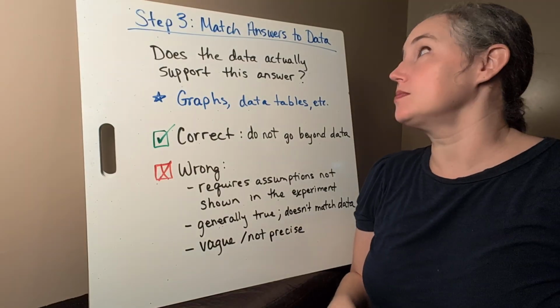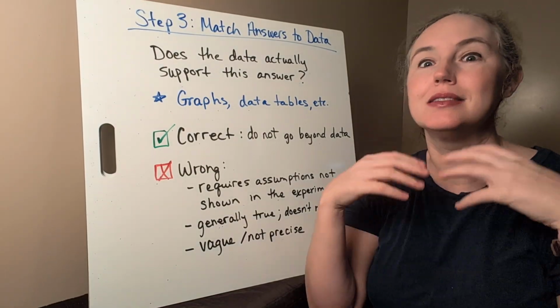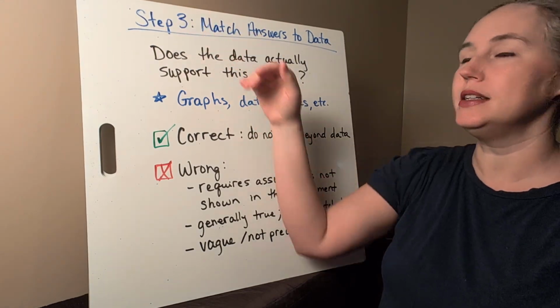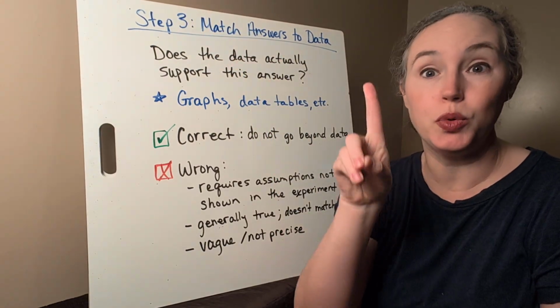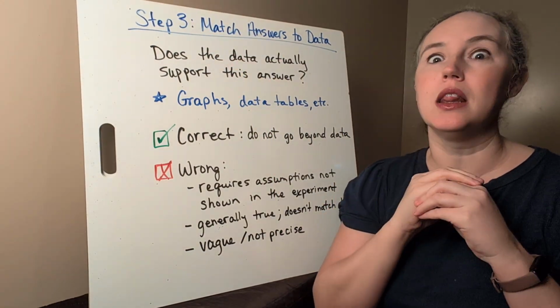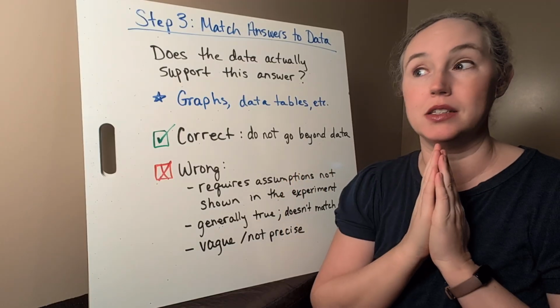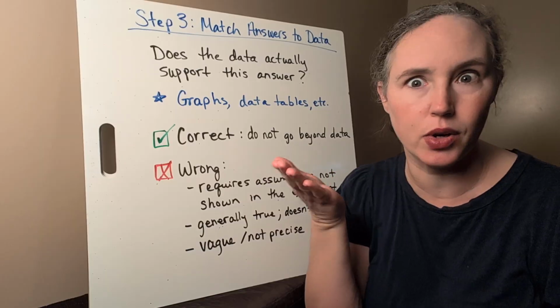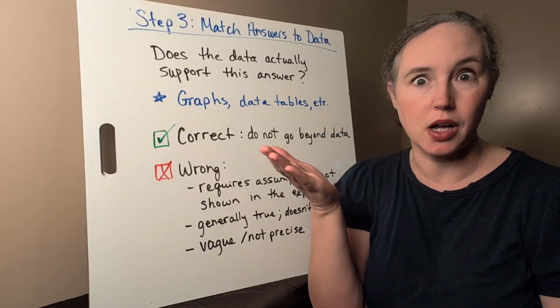All right. What if we still have two good answers and we can't figure it out? Step three is to match the answers to the data. Lots of questions have data, and this is a pro because it means you can figure it out even if you don't know what it's talking about.